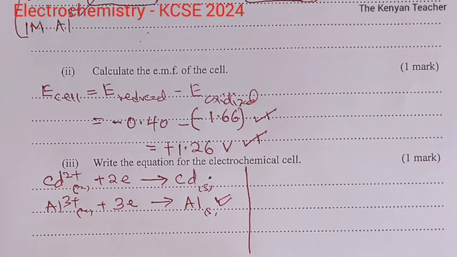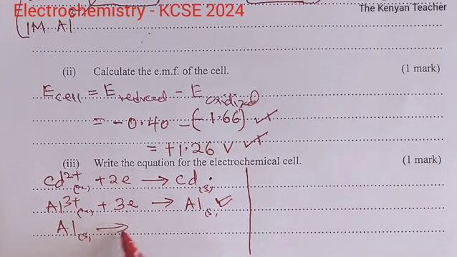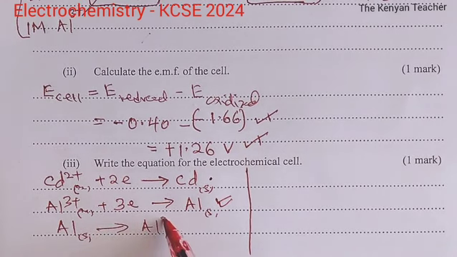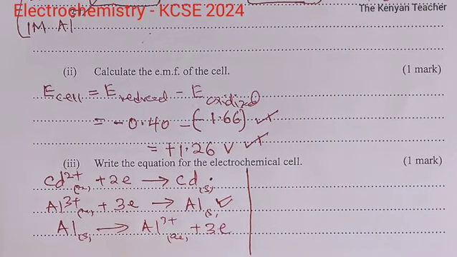So from here, we were to reverse, because as we have written this equation here, acceptance of electrons is reduction. But in real sense, this should be oxidation. So we reverse the equation by starting from the products and ending with the reactants. So this now shows actual oxidation.